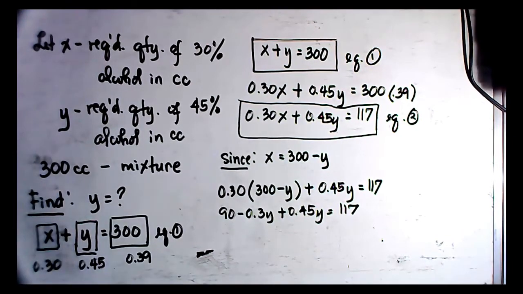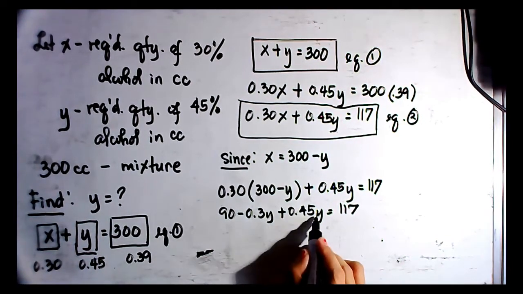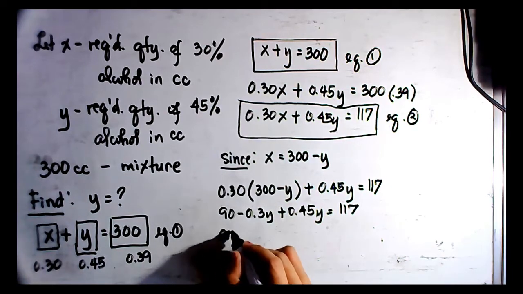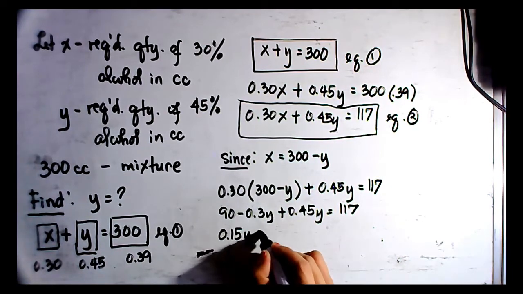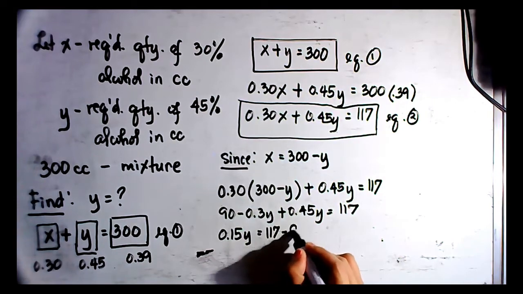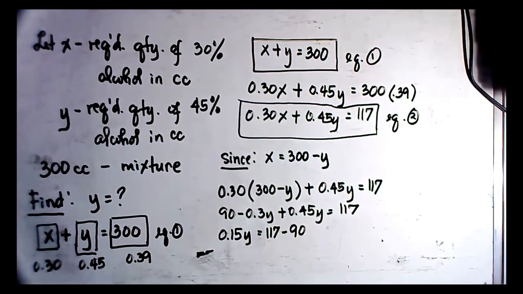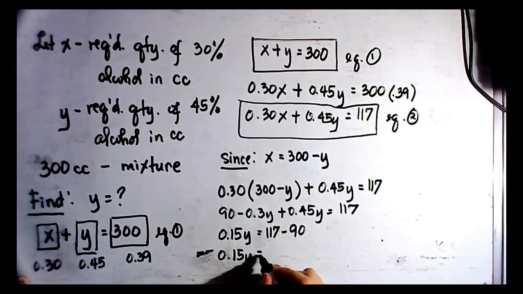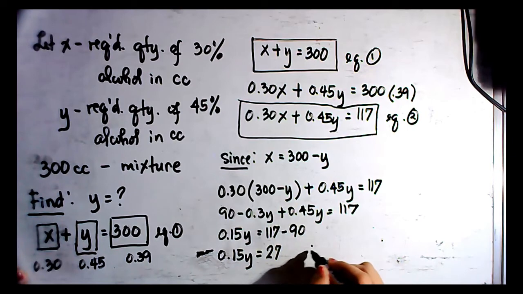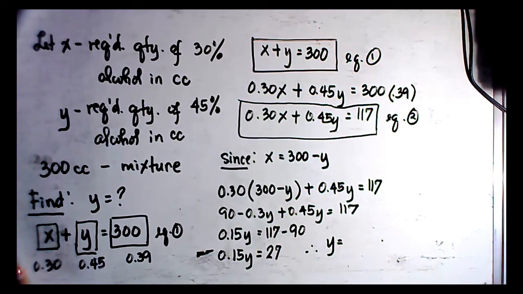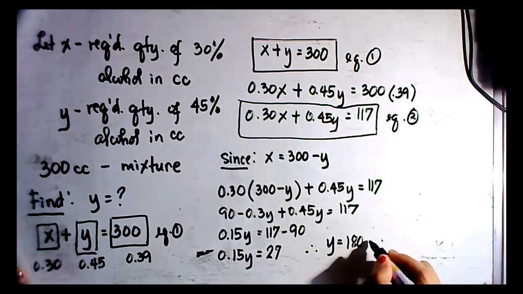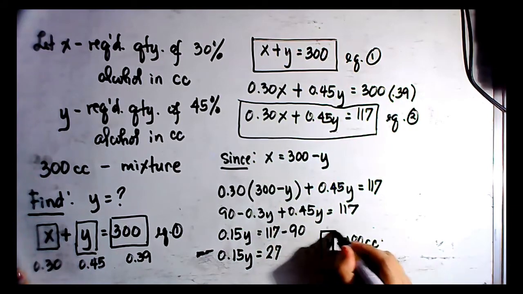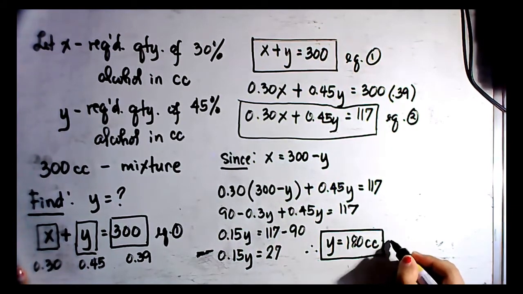So 0.45 minus 0.3 is 0.15. 0.15y is equal to 117 minus 90, and therefore we will have 0.15y equal to 27. That would give us the value for y, which is equal to 180 cc, which is our answer to the question.